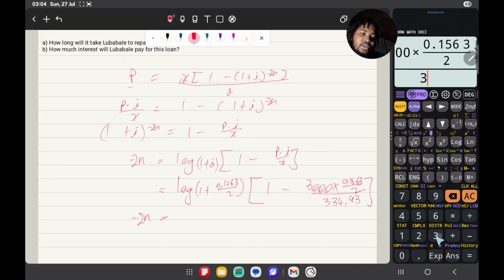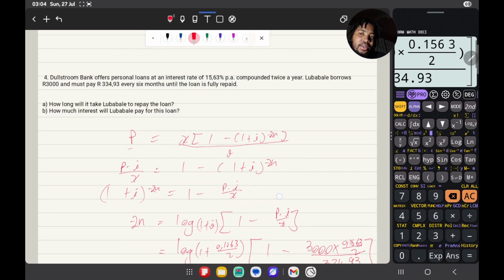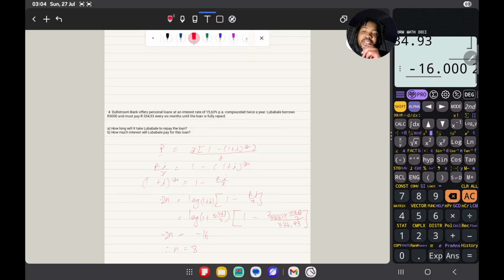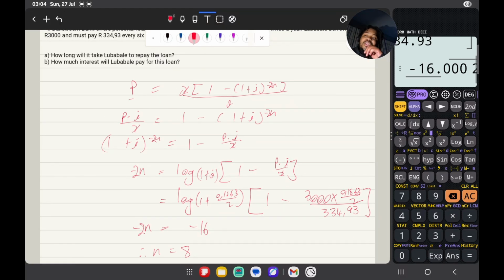Then I can put 334.93, yes. And I am getting minus 16, right? This is just minus 16 when you round it off, and therefore n is going to be 8. So yeah, she's actually going to spend 8 years paying for that.